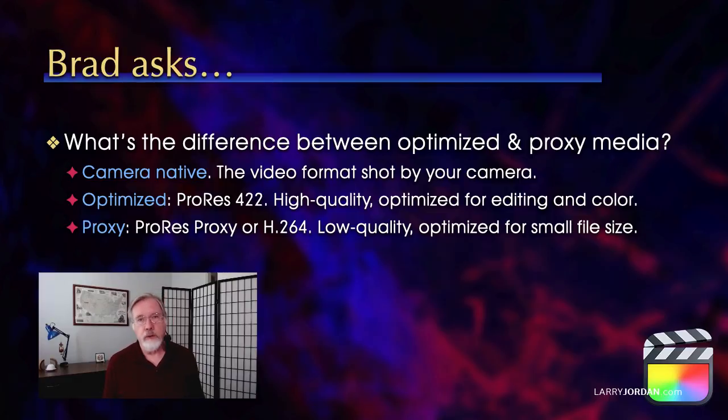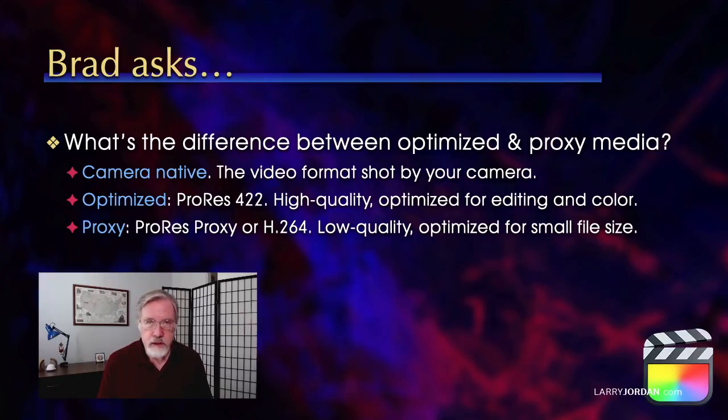Most of the time, that increased file size doesn't cause a problem, but sometimes it does, in which case we want to create a proxy file. A proxy file can be either ProRes Proxy or H.264, and it's optimized not for editing efficiency or color space. It's optimized for small file size. It doesn't have the same image quality as camera native or optimized, which is why the file is so small.